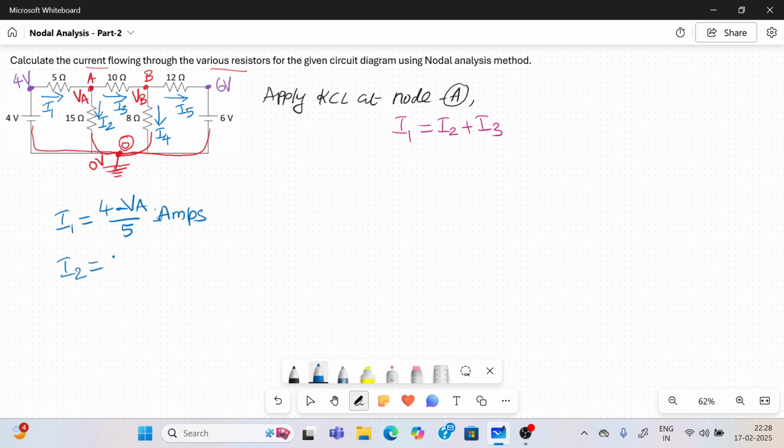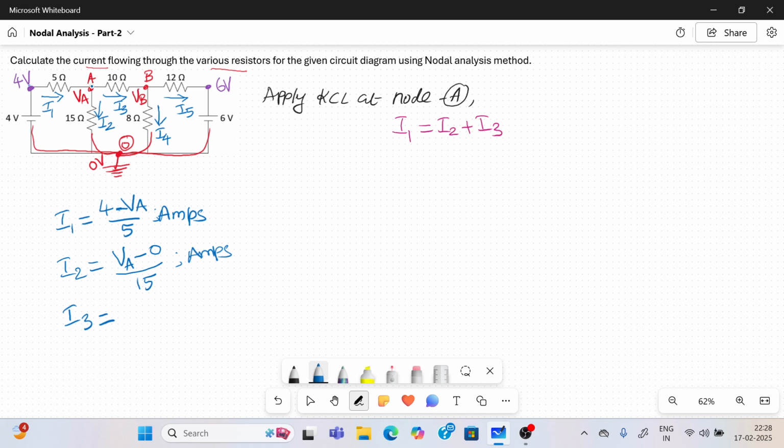What about I2? I2 is connected between node A and ground, so it is VA minus 0 divided by 15, because the 15 ohm resistance starts at node A with voltage VA and ends at ground with voltage 0. Similarly, I3 is the current flowing through the 10 ohm resistance.